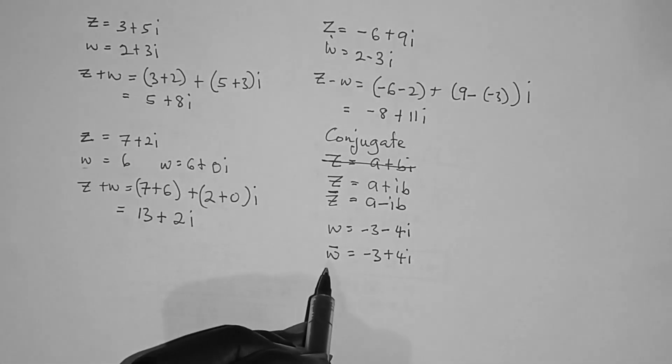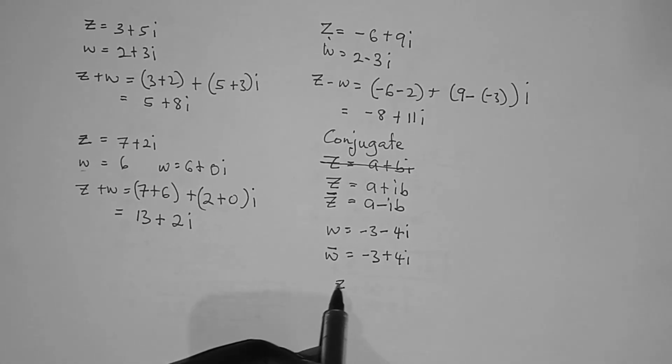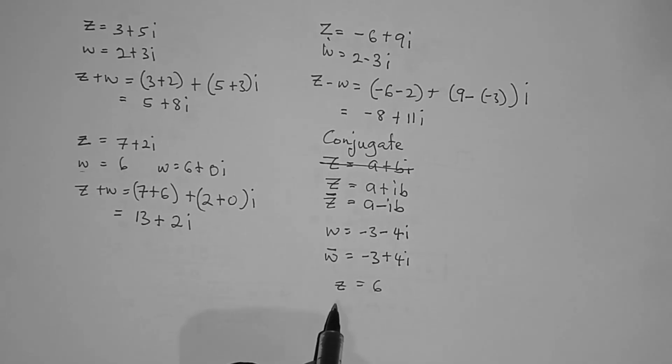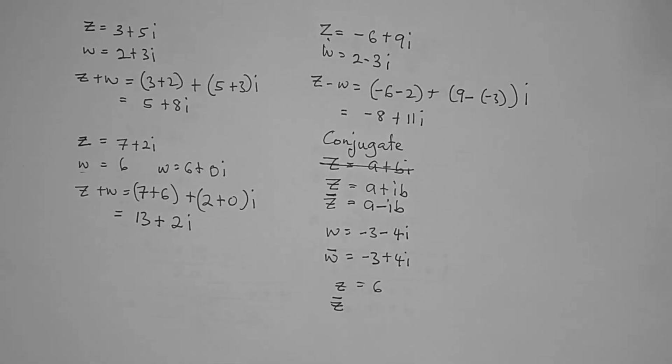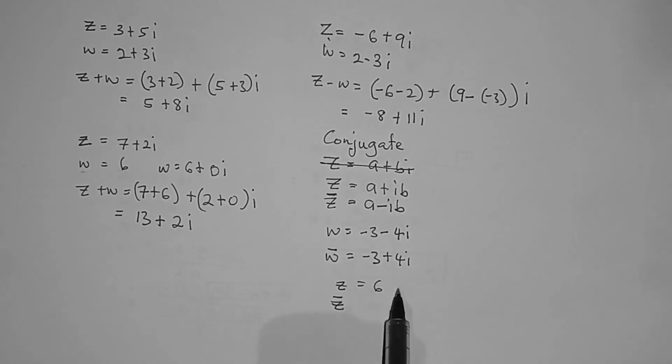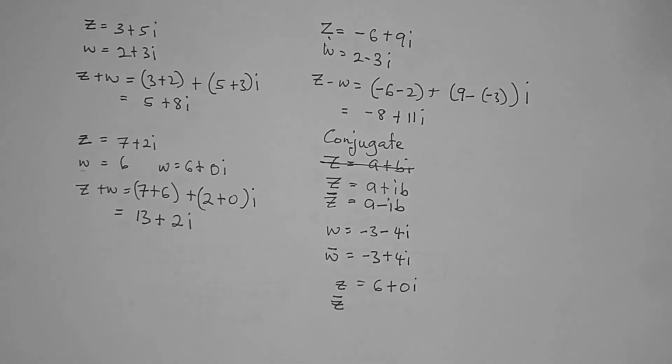And let's assume we have z equals 6. What is the conjugate of z? Now z equals 6 can also be written as z equals 6 plus 0i.